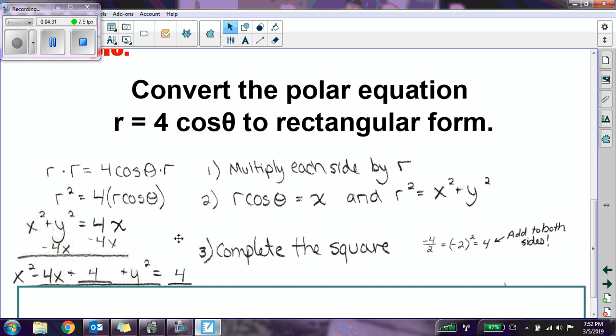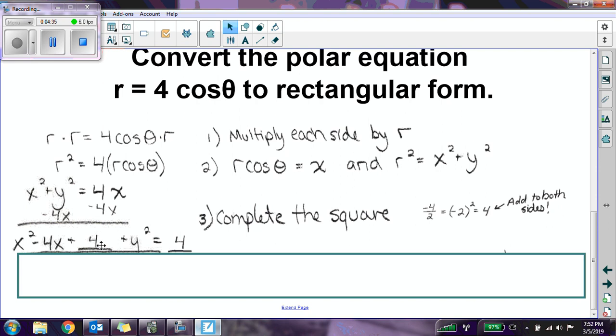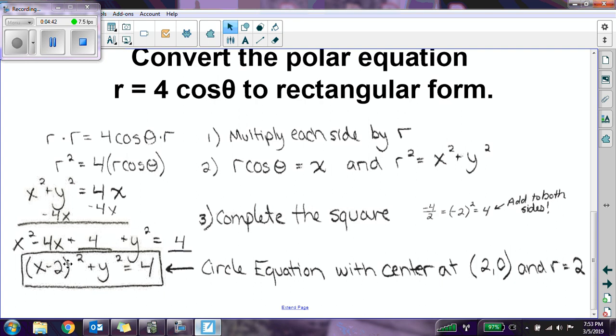I'm going to add 4 here, and I'm going to add 4 here. Now we've made it so that this trinomial is a perfect square. So we can break it up into x minus 2 times x minus 2, which is x minus 2 quantity squared. We keep the y squared here as well, and we still have 4 on the right side.